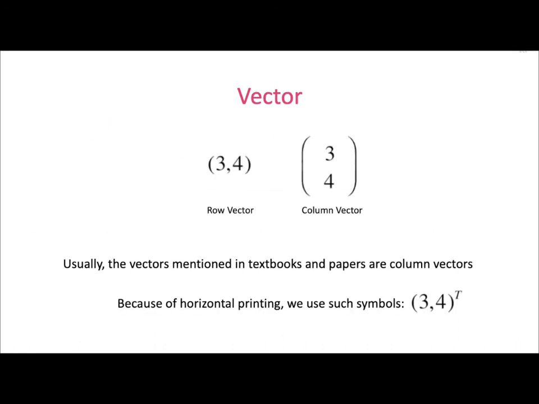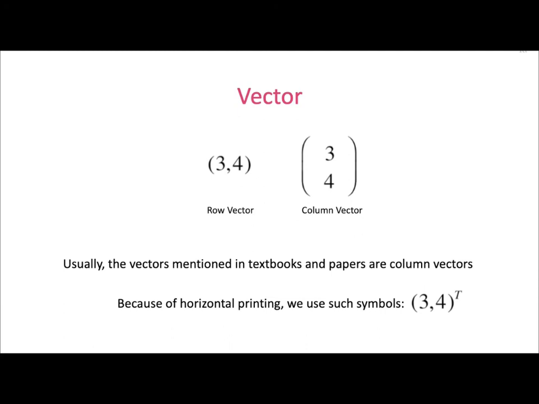And a vector, in fact, can be described as a row vector or a column vector. These two terms sound very scary, but in fact they are very simple. The so-called row vector is just a group of numbers arranged in a row, and the so-called column vector is just a group of numbers arranged in a column.